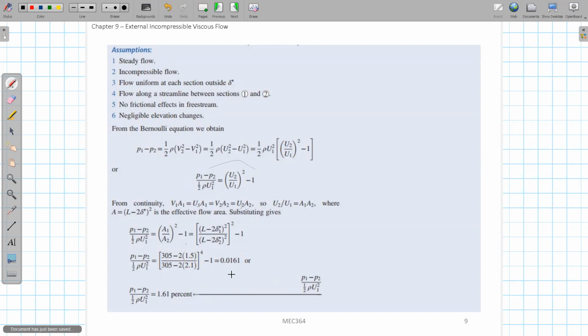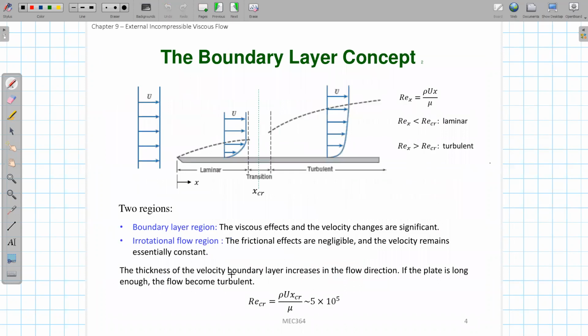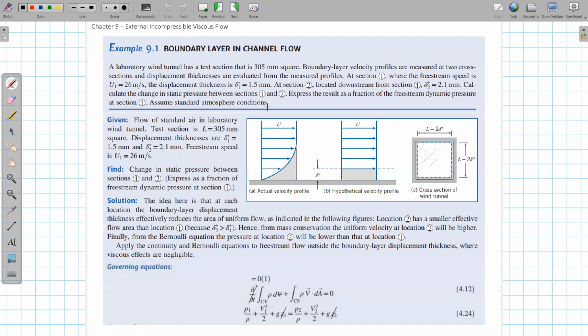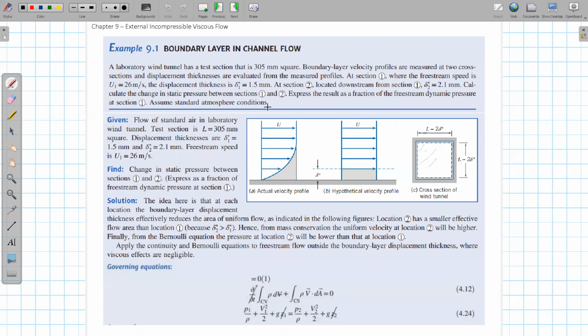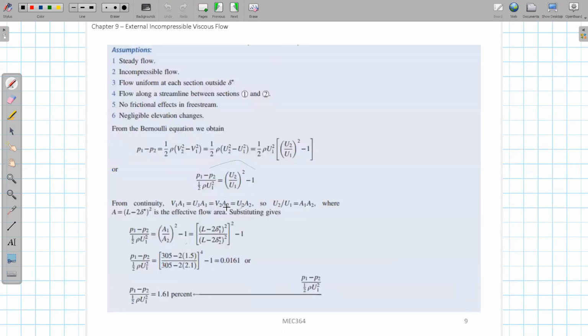Okay, so this is one example problem. It helps you understand the flow structure: for the flow over a flat plate, it can be distinguished into two regions. Inside is viscous flow, outside is inviscid. Also remember that this example problem only gives you an approximate solution, because when we calculate the continuity, we only calculate it in the inviscid region, using U1 times A1 equal to U2 times A2.